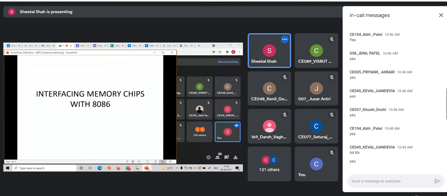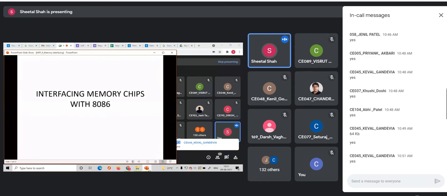Similarly, the word size of the memory would also vary. Here the word size of the main memory is 8 bits, but the data bus is 16 bits.